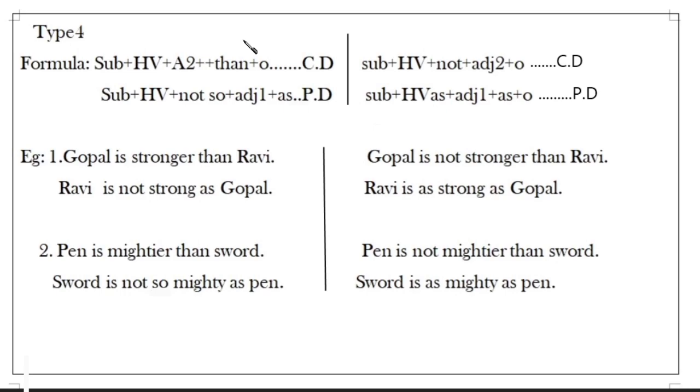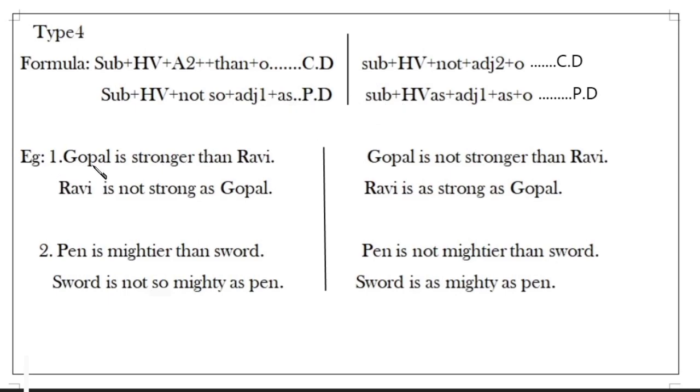At that time, we follow the cross formula. What is that cross formula? When the comparative degree is given in positive form, the positive degree we have to write in negative form. And where the comparative degree is in negative form, that positive degree we have to write in positive form. That should be followed.